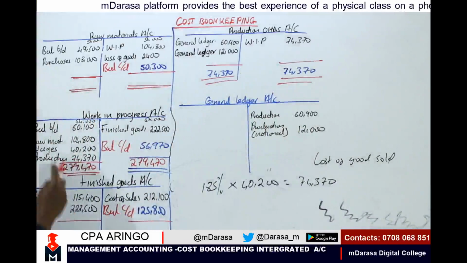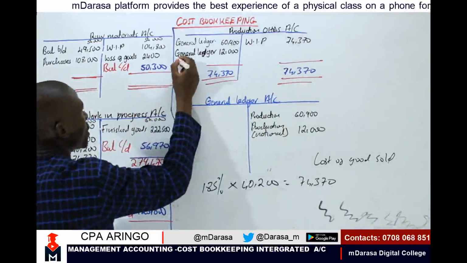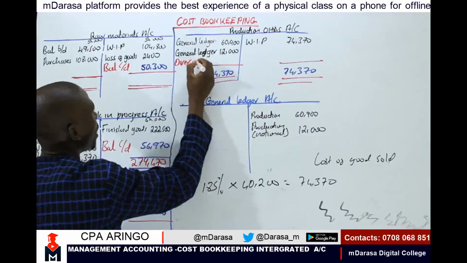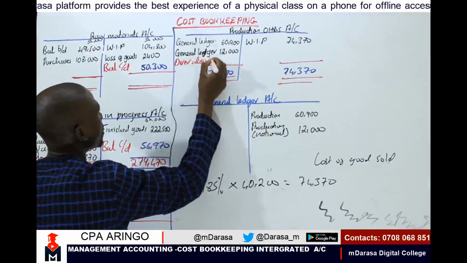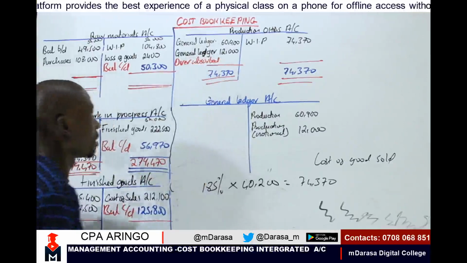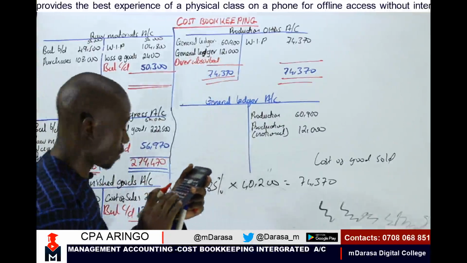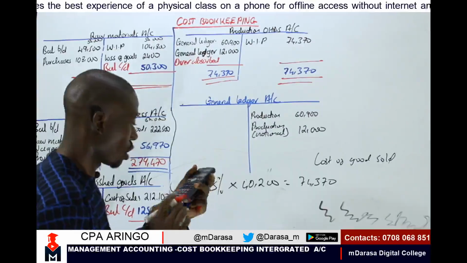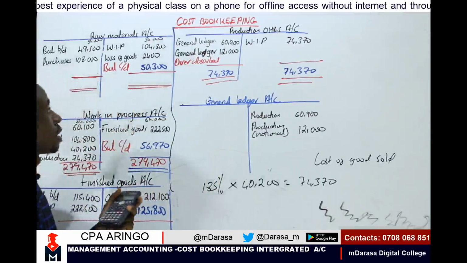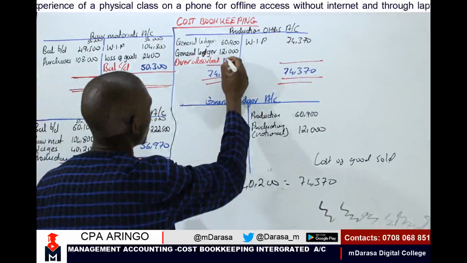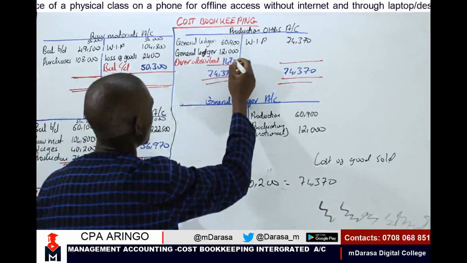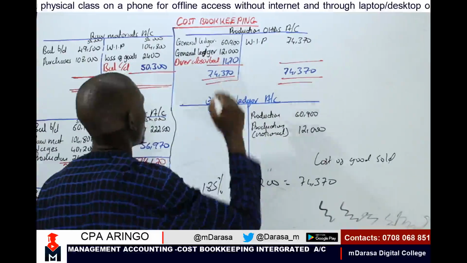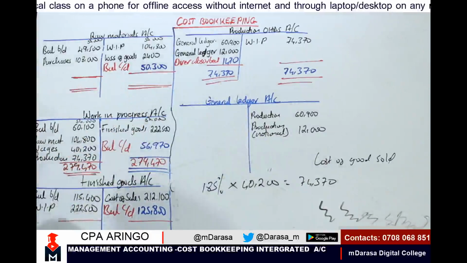Over absorbed overheads of how much? Minus 74,370, a figure of 1,470 over absorption of overheads.